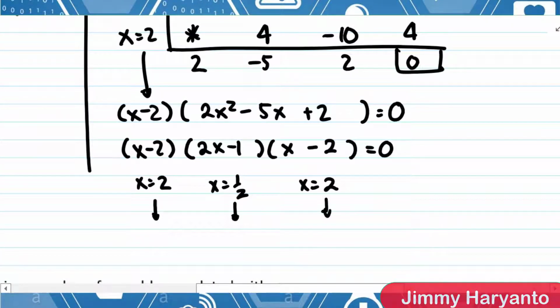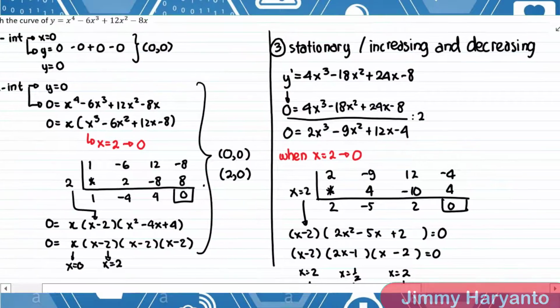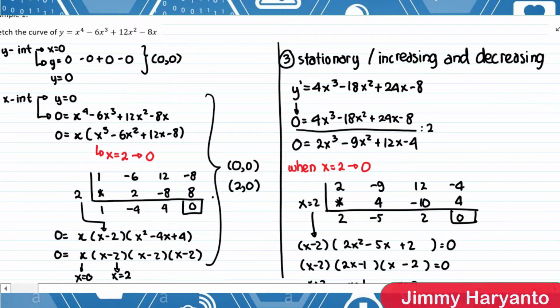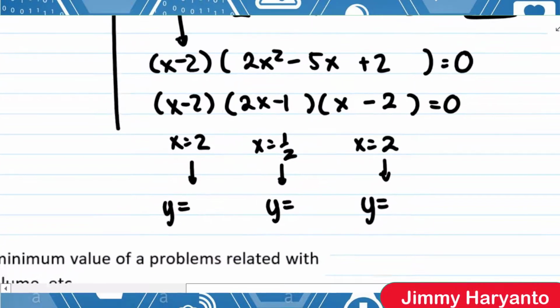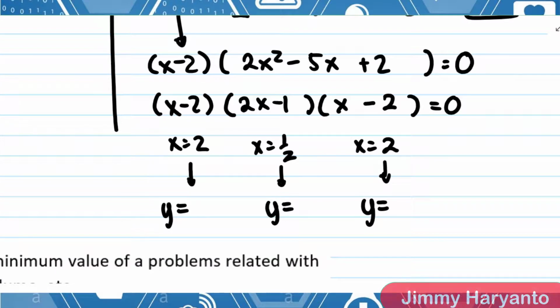To find the y, you only have to put them into the equation of the curve: y equals x to the power of 4, negative 6x to the power of 3, and so on. I will calculate it for you. When x equals 2, the value of y equals 0. And for x equals half, the result is negative 1 11/16.